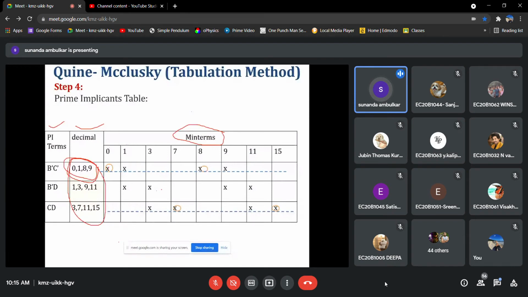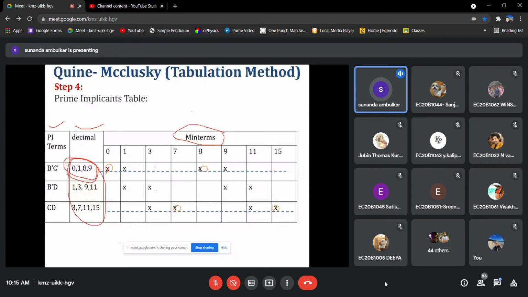After doing this, we have to check which min term is part of only one prime implicant and highlight those min terms. First we identify which min terms belong to which prime implicant, then we find which belong to only one.